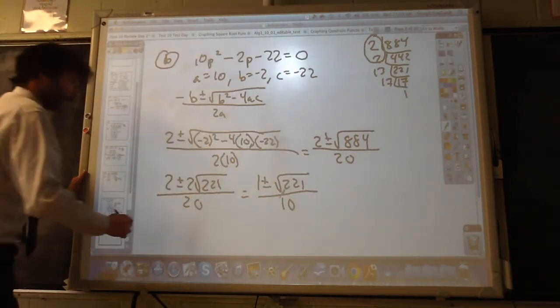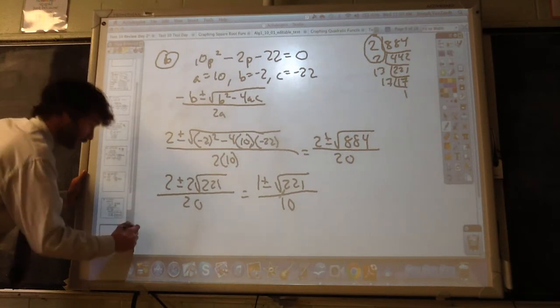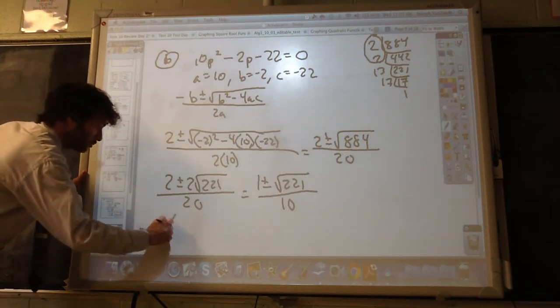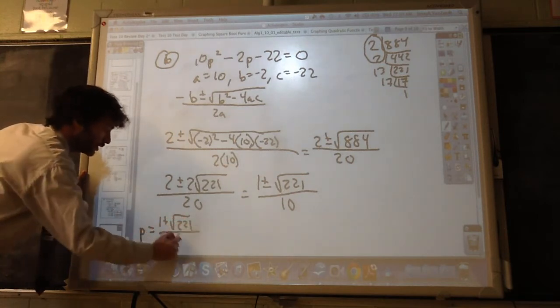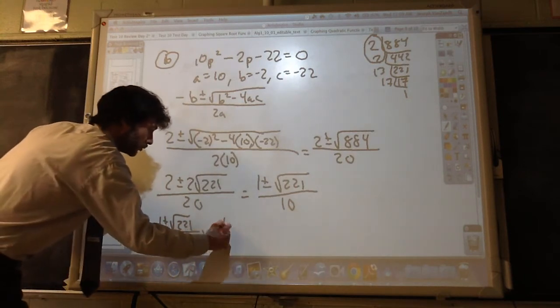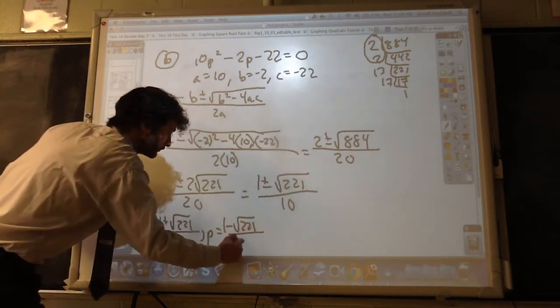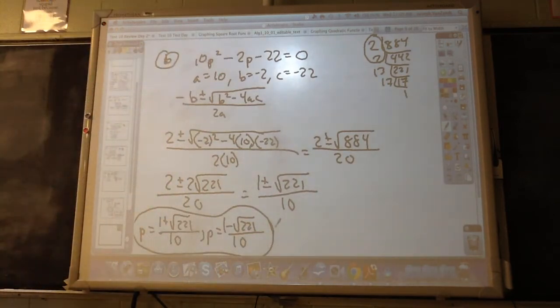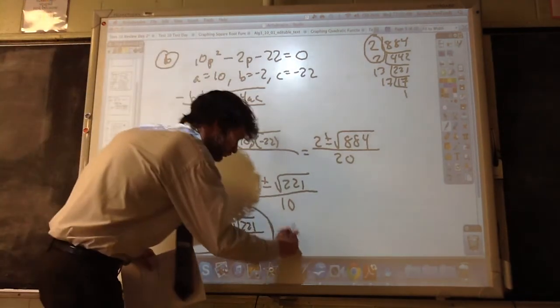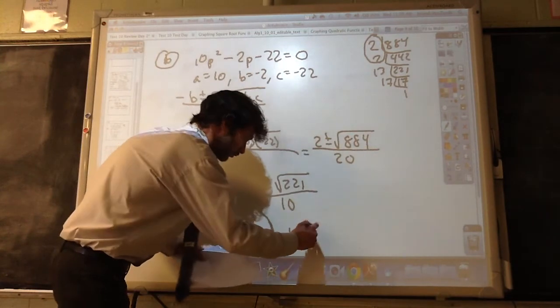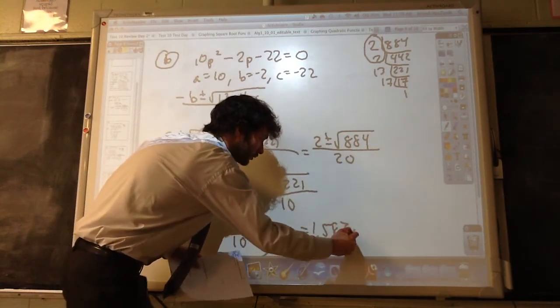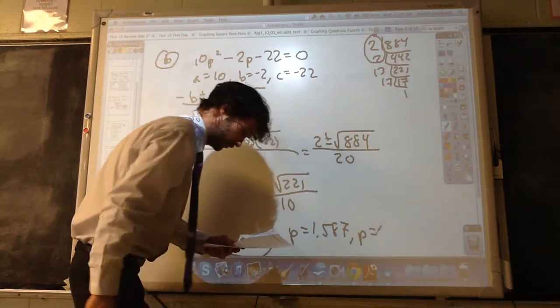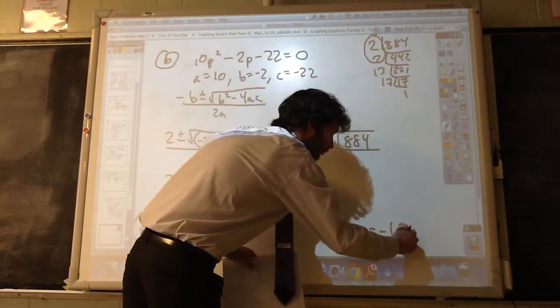So my exact answer would look like P equals 1 plus root 221 over 10. P equals 1 minus root 221 over 10. And then I would get decimals, which are P equals 1.587 and P equals -1.387.